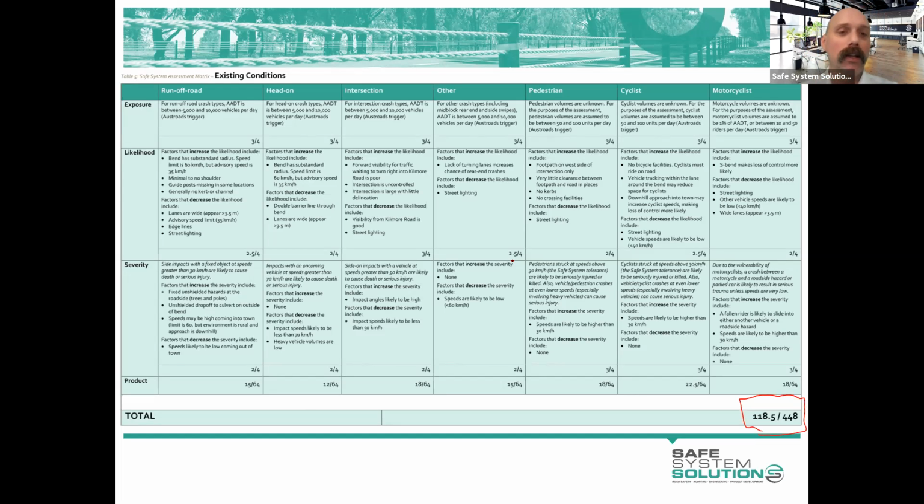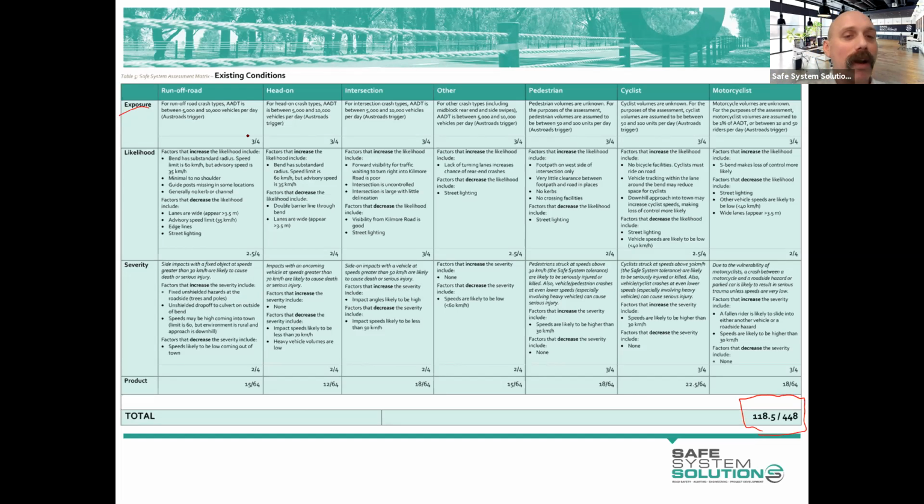Okay, so let's delve into this matrix a little bit more. Again, lots of words on here, but I'm not going to talk you through the individual aspects of it, just show you how it all works. You'll see here the exposure scores we're putting. The runoff road AADT is between 5,000 and 10,000 vehicles per day, which is the Austroads trigger.